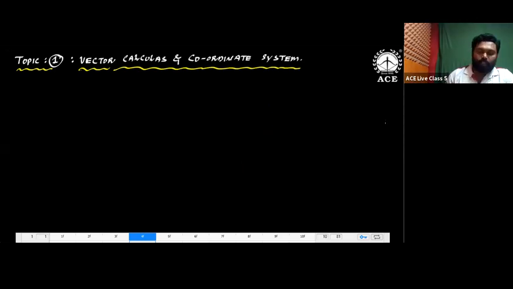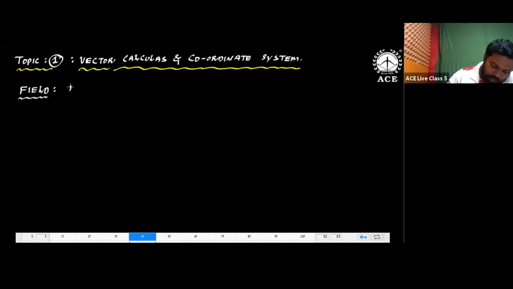Okay, let us start with the definition of field. Later we're going to use extensively the words electric field, magnetic field, so we should know what actually a field is. Let me write down the definition here.